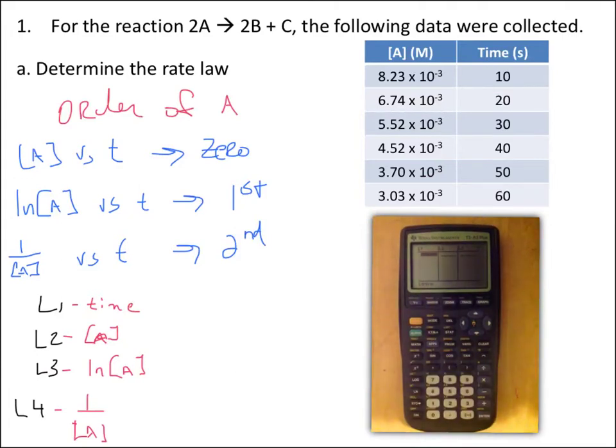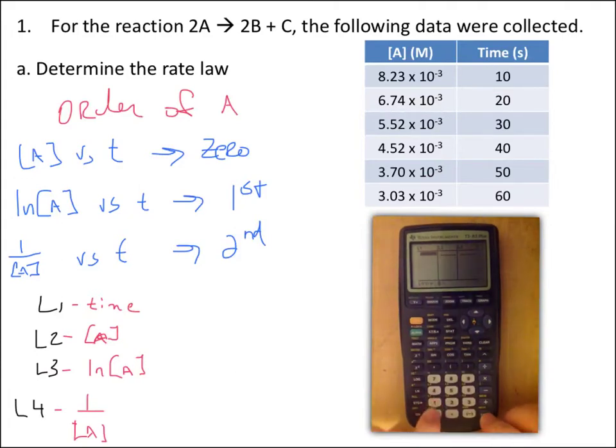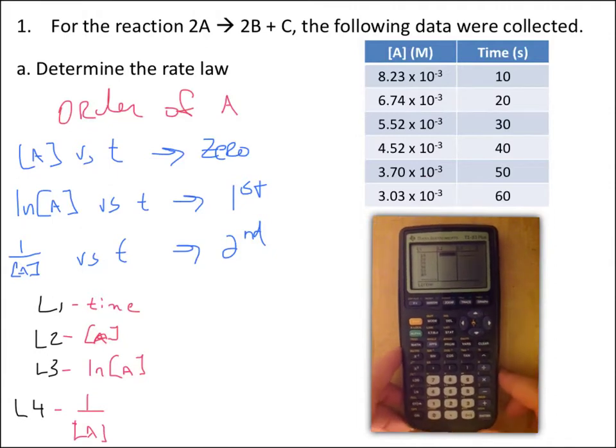Well, L1 was my time, and so these were all separated by 10. So I'm going to do 10, 20, 30, 40, 50, and 60. And all I'm doing after I type in a number is typing Enter. And then L2 is going to be my concentration, so it's going to be 8.23 second E negative 3. 6.74 second E negative 3. Oop, I messed up on that one.